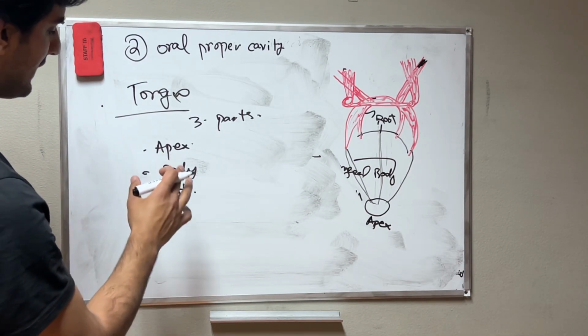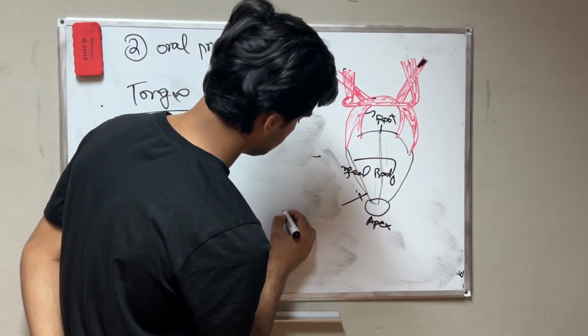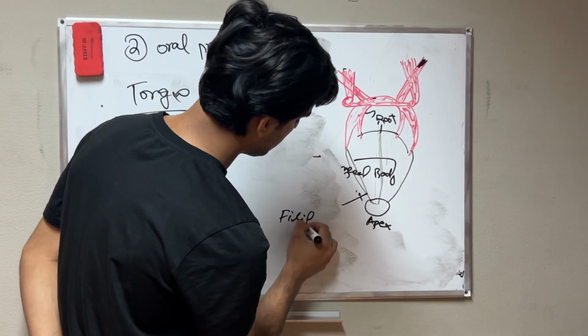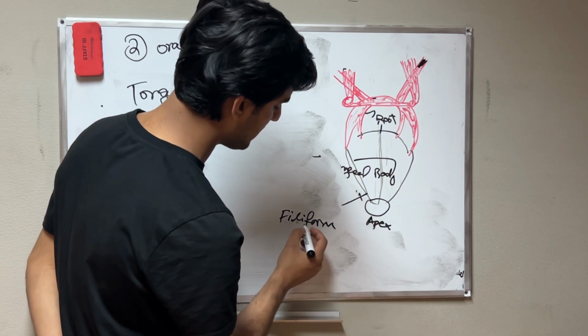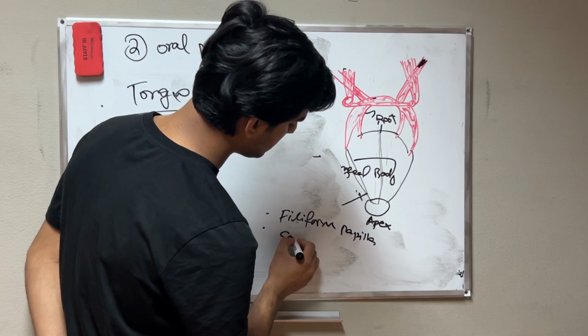In the apex we have filiform papillae and conical papillae.